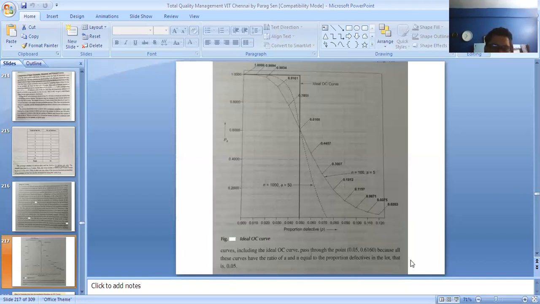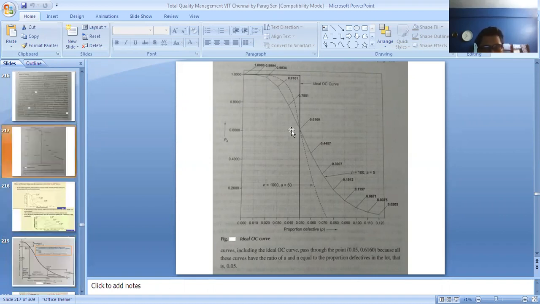Okay, so the a by n ratio is fixed for all these cases. So that's why they have passed through the same point. Okay, in this particular case.